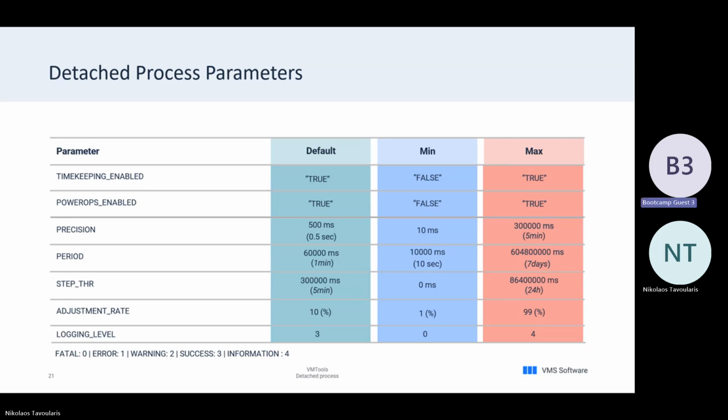And the next parameter is the adjustment rate. The adjustment rate tells us how fast we will reach the clock source, the host clock. The default value is 10%. That means that in every tick, we increase the tick length by 10% of its original value, or we decrease it if we want to make our clock go slower. The minimum is 1%, and since it is a percentage, the maximum is 99%.